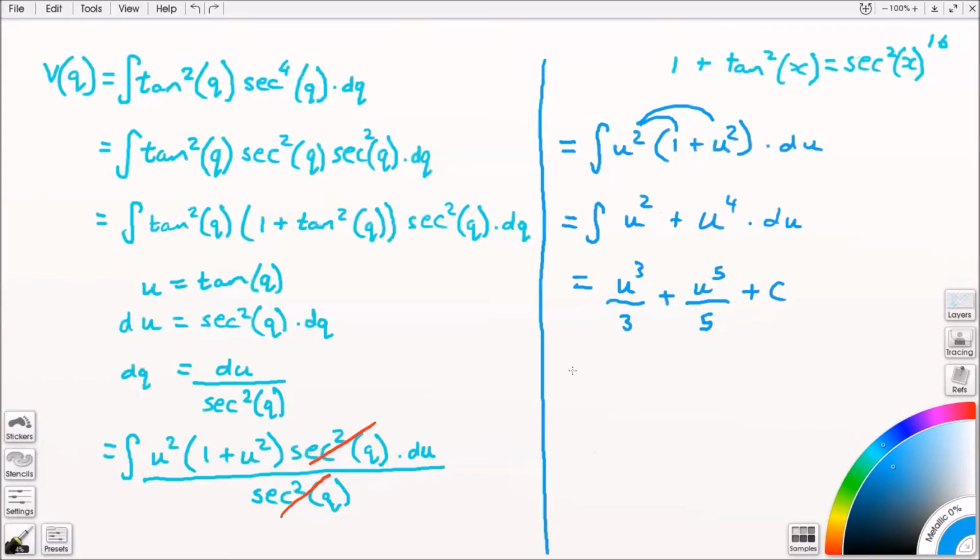So we're done integrating now. And now we just substitute u back in for tan x, and we should have our answer. So 1 over 3 tan cubed x, I'll just bring the fraction out front, plus 1 over 5 tan to the fifth x plus c. And there we have it.